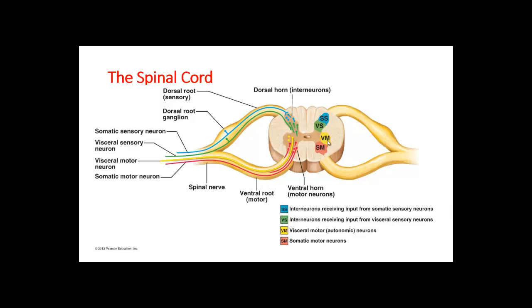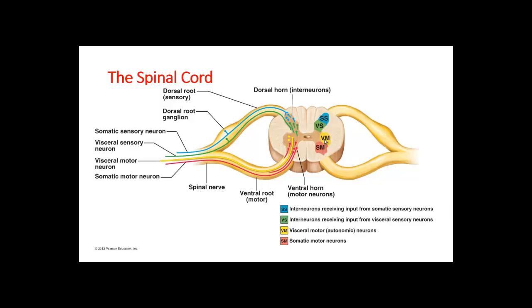The ventral horn of the spinal cord has two portions as well. Again, we have motor neurons that are exiting the spinal cord here through the ventral root. If they're going to exit and stimulate voluntary skeletal muscle, we call those somatic motor neurons, so that's this part of the ventral horn.